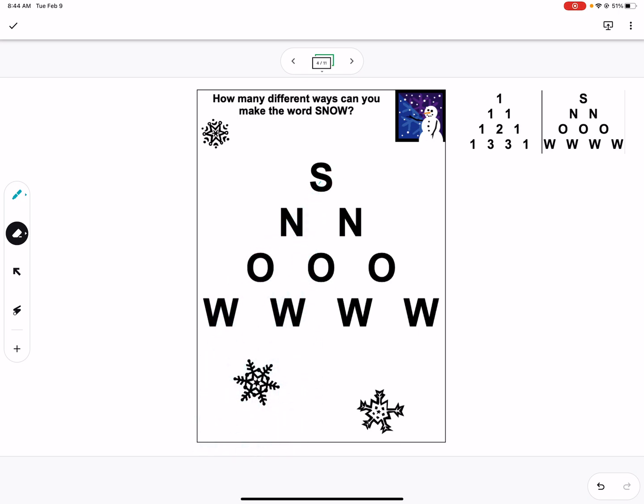But if you've ever done something similar to this up top here, to figure out how many ways there actually will be, you look at the bottom row and you add those numbers up. 1 plus 3 plus 3 plus 1. There's going to be 8 ways to solve this problem. So there's 8 different ways for you to create the word snow. Okay, so I'm going to keep that here.